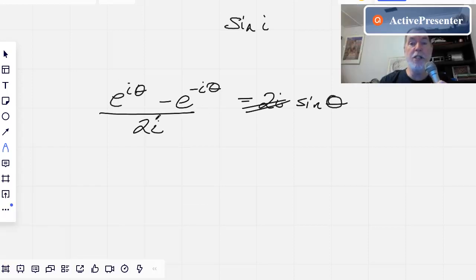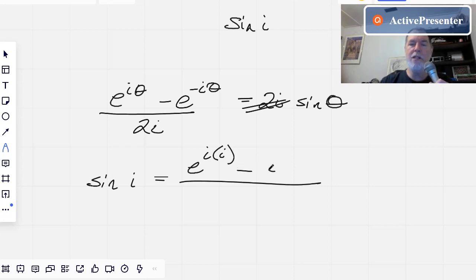Let's now just, if we want the sine of i, we're just going to plug i into this equation in the place of theta. So the sine of i equals e to the i times i minus e to the negative i times i all over 2 times i.